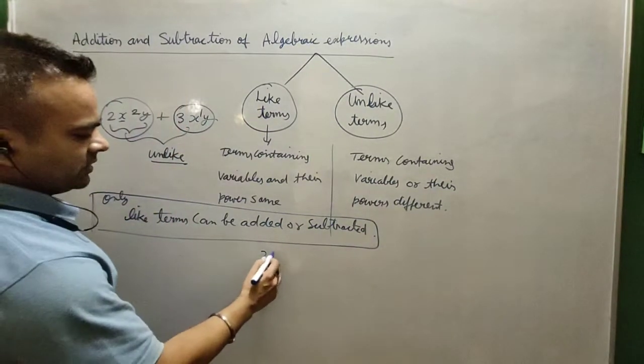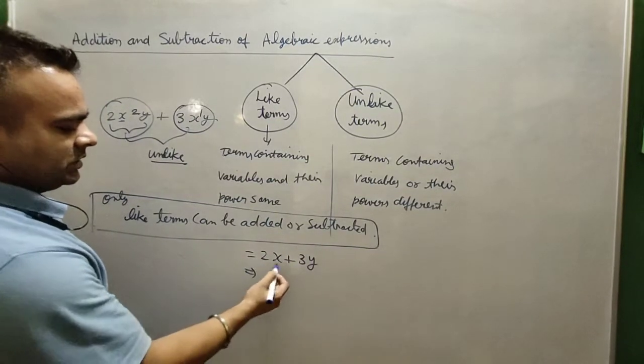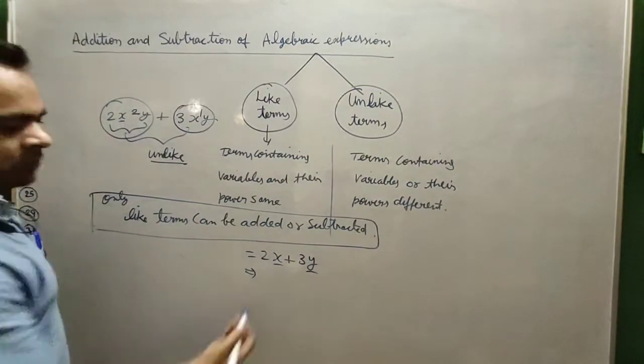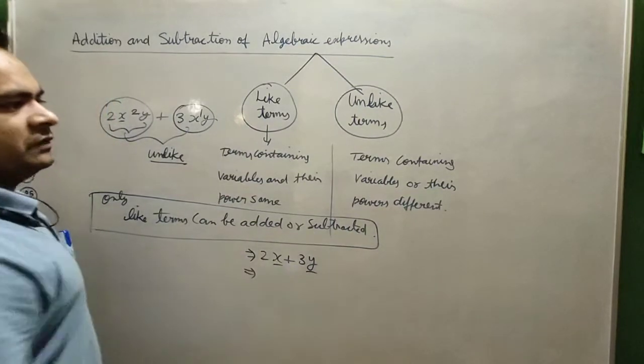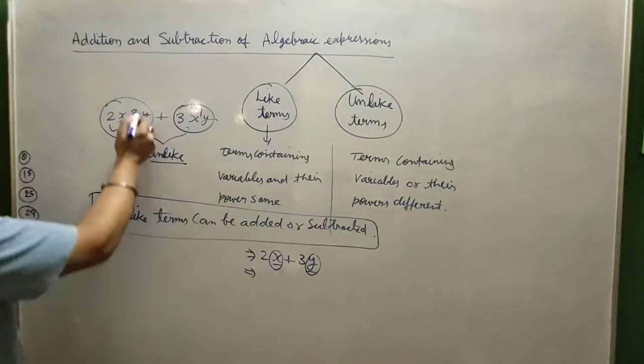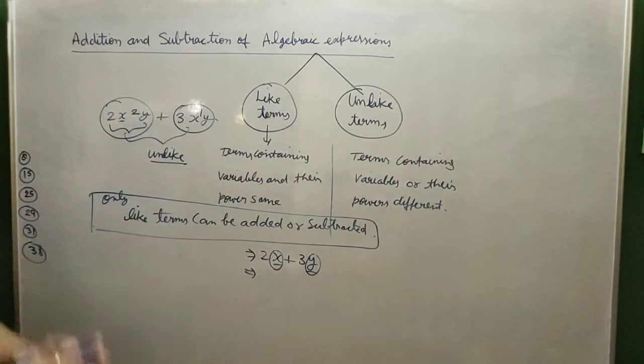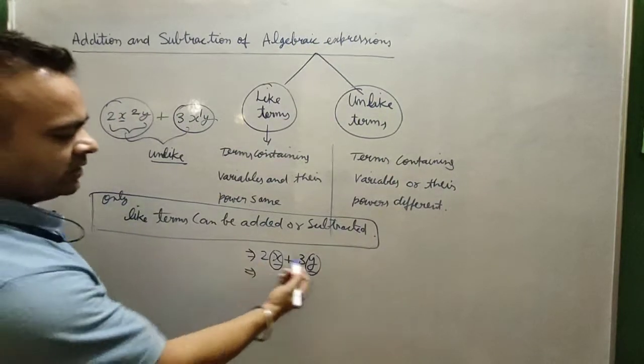Suppose I am saying 2x plus 3y, what is the value of this? You can see it is x and it is y. They belong to different families. I am saying this is the x family, this is the y family. This is the x square y family, this is the xy family. So families are totally different, so they cannot be added.